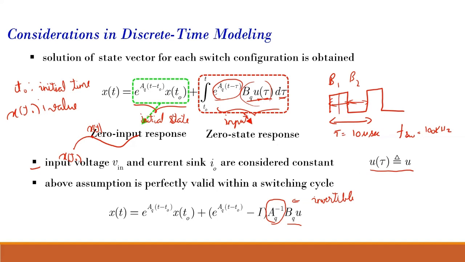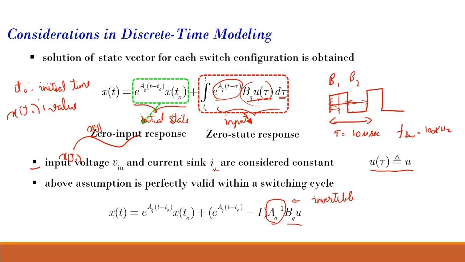So if I assume that in this instant of integration my B1 is fixed, u also is fixed, then this assumption is valid. I am not saying that B1 is fixed throughout the switching cycle. I am saying that the input voltage and output current are fixed within the switching cycle. When I'm integrating, I will know which mode of operation it is in, whether my switch is on or off. If it is on, I will take the B1 matrix. If it is off, I will take my B2 matrix and proceed.